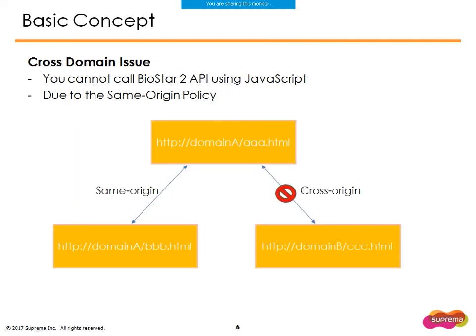When you call Biostar API from the cloud server using JavaScript, you will face an issue regarding cross-domain due to the same origin policy, which is one of the security policies in JavaScript. The same origin policy restricts a document or a script loaded from one origin from interacting with a resource from another origin.